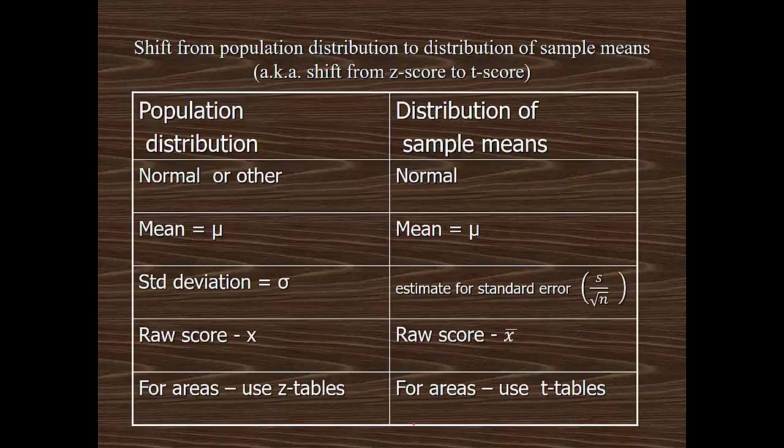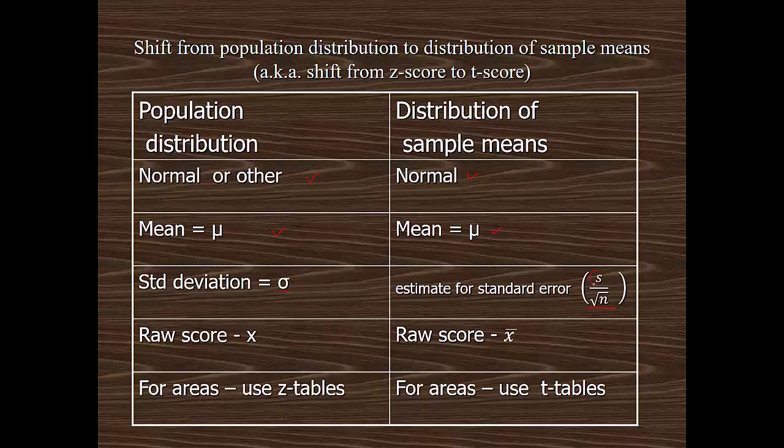When we're shifting from the population distribution to the distribution of sample means, there's a couple of things that need to be remembered. One is normal, normal, mean is mu, mean is mu. Everything else is different. Here we have sigma as a standard deviation. Here we have the standard error.